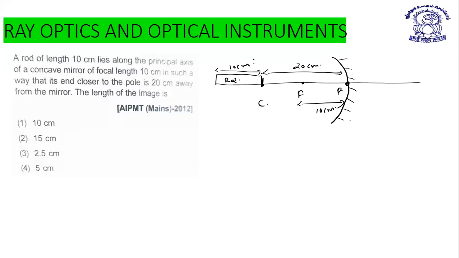To find the length of the image, we will find the position of the images of the two ends of the rod. Let's say this is end 1 and this is end 2. As one end is on the center of curvature, its image will also be formed at the center of curvature only. So V1 is 20 centimeter only.